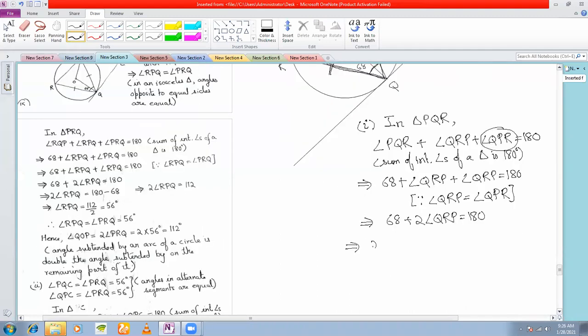That means twice angle QRP is equal to 180 minus 68. Twice angle QRP must be equal to 112. That means angle QRP is equal to 112 divided by 2, which is 56 degrees.